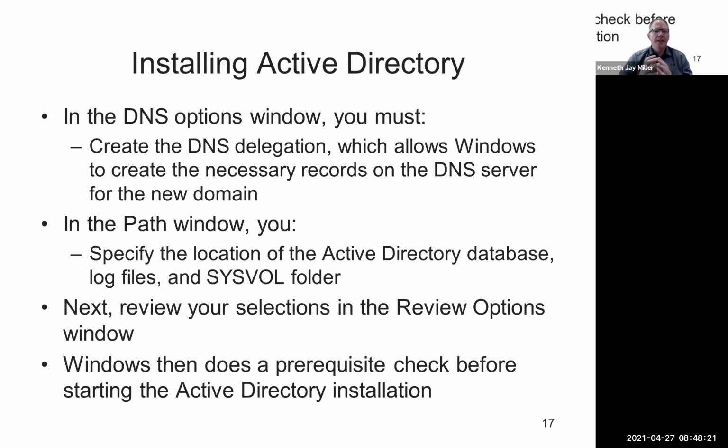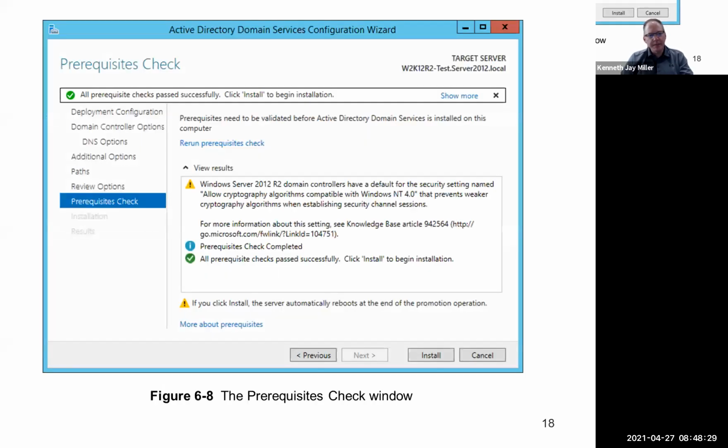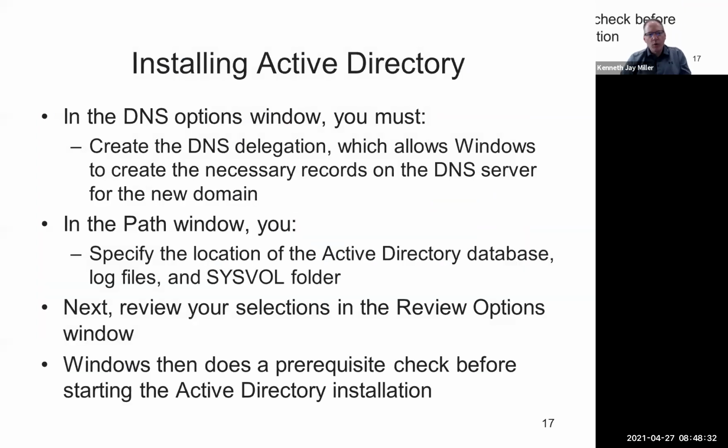Okay. Then in the path, you specify where you want the database. Now, there is some debate as to whether or not these folders and databases should be on the same volume as your operating system.